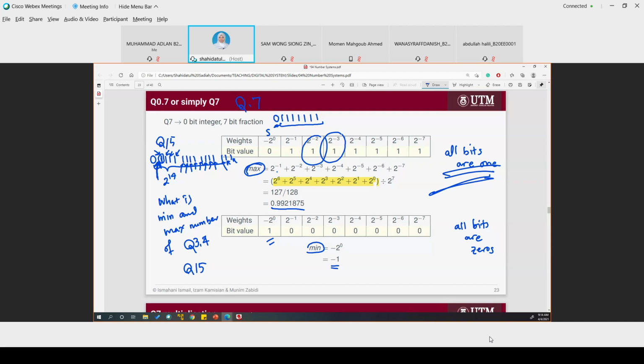All these bits are 1, so we add up everything: 2 to the power of 14, 2 to the power of 13, 2 to the power of 12, and so on until 2 to the power of 0. Calculate that and divide by 2 to the power of 15, and then you get the answer.